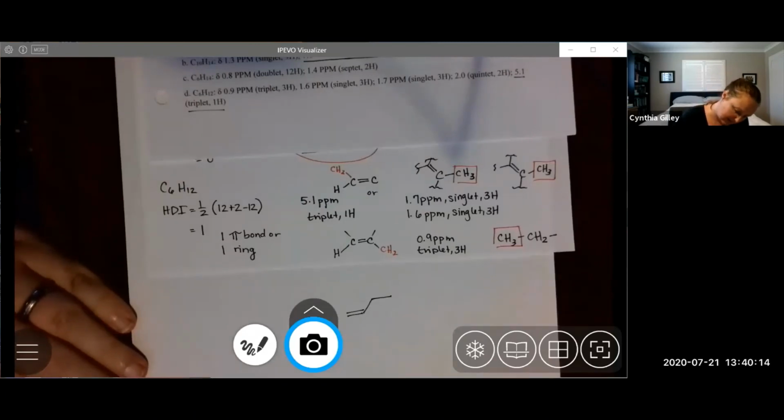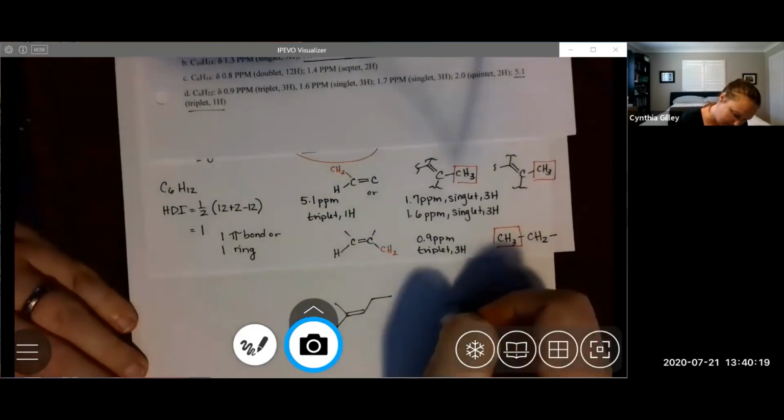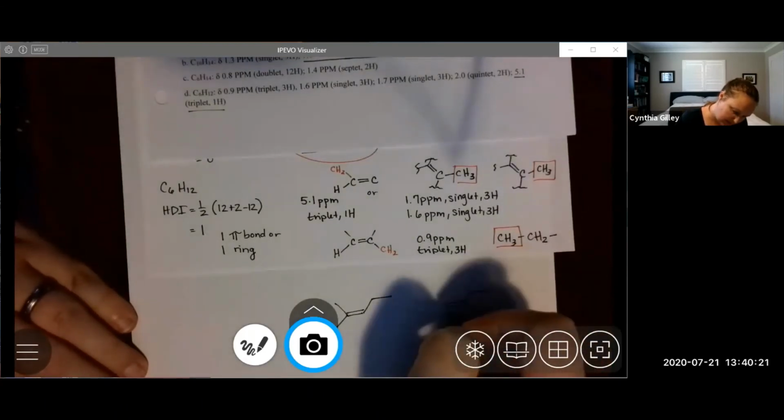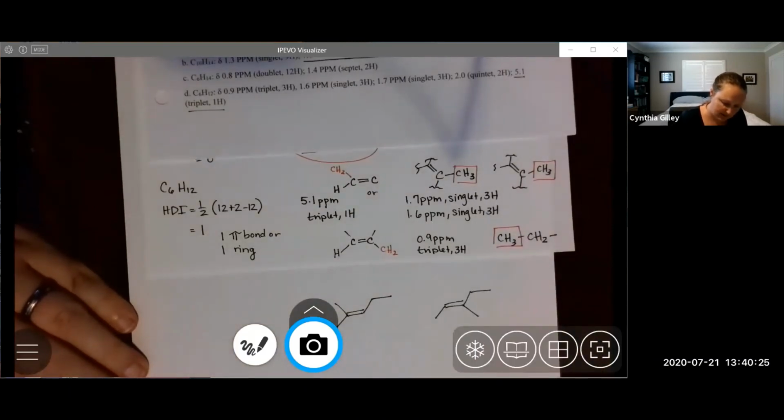So let's see, maybe I put the two methyls here and the hydrogen there, or let's see if there's another possibility. Could I maybe put the methyl here and here and have the hydrogen be over there?